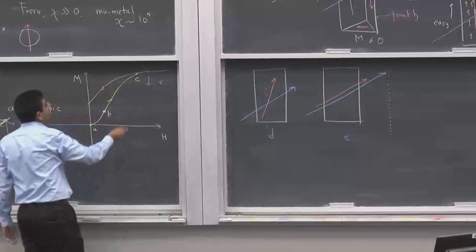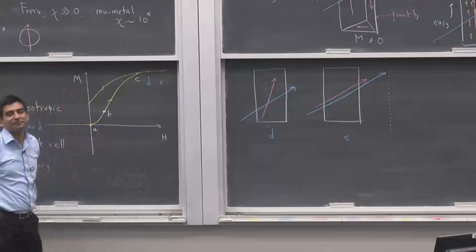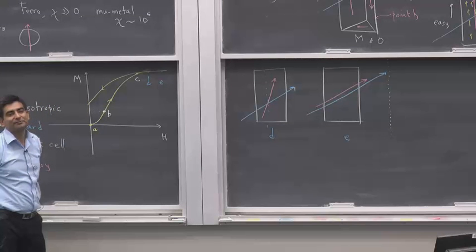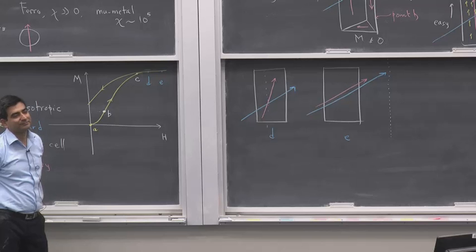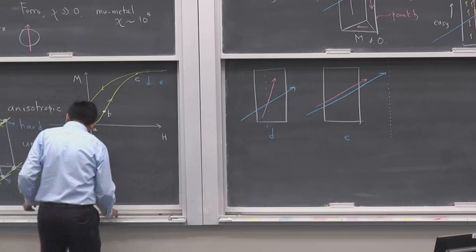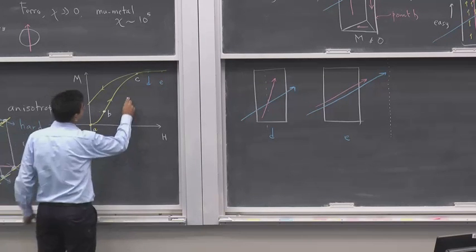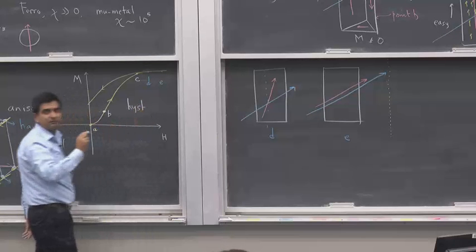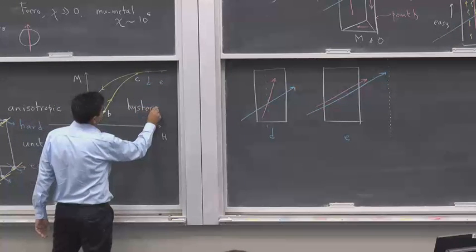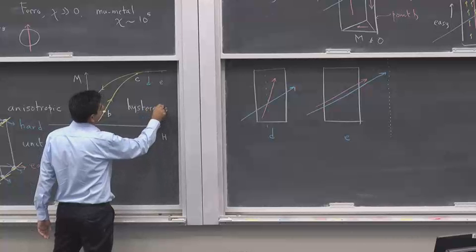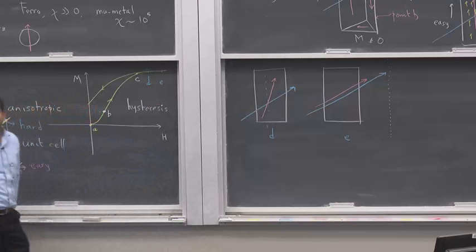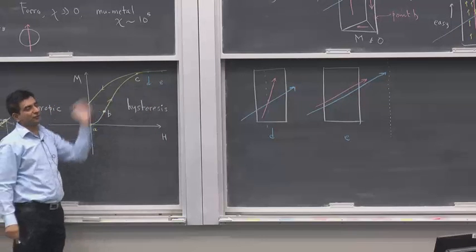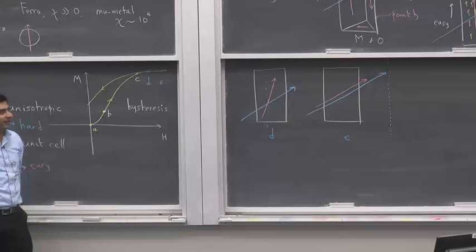It's going to come back down some other path. Hence this curve is called a hysteresis curve, because the forward path is not the same as the backward path, much like an elastic.